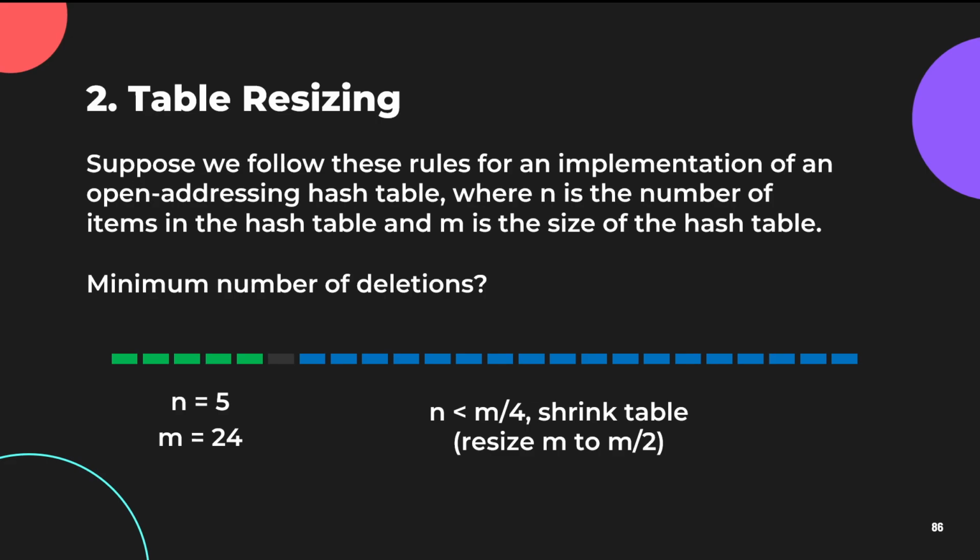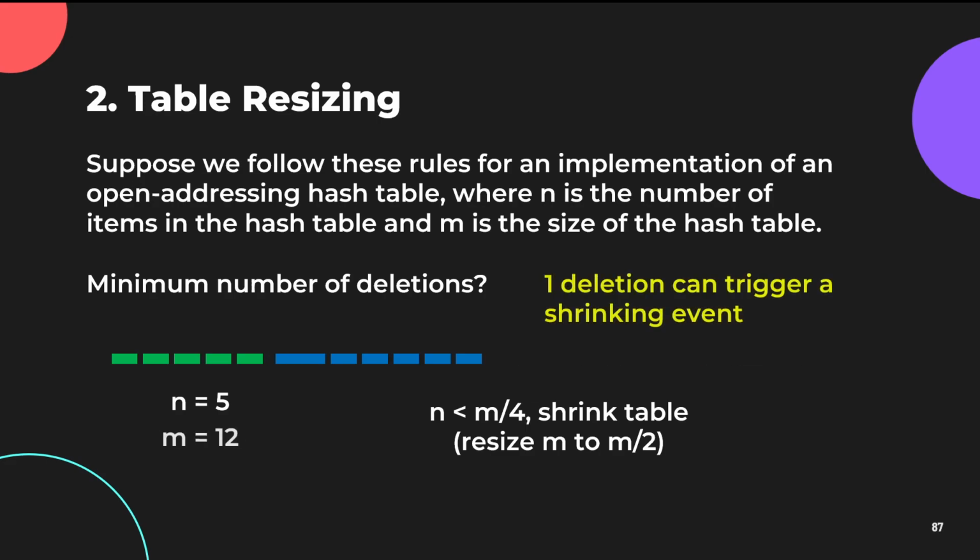Then if I delete 1, this will be n is equal to 5, m is equal to 24. Hence I will experience a table shrinking. Now from this, how do I move to growing again? I will need to add this part: 1, 2, 3, 4, 5, 6, 7. Correct? 7 is much less than adding this 3m over 4. So in this case, this will be the minimum number of insertions.